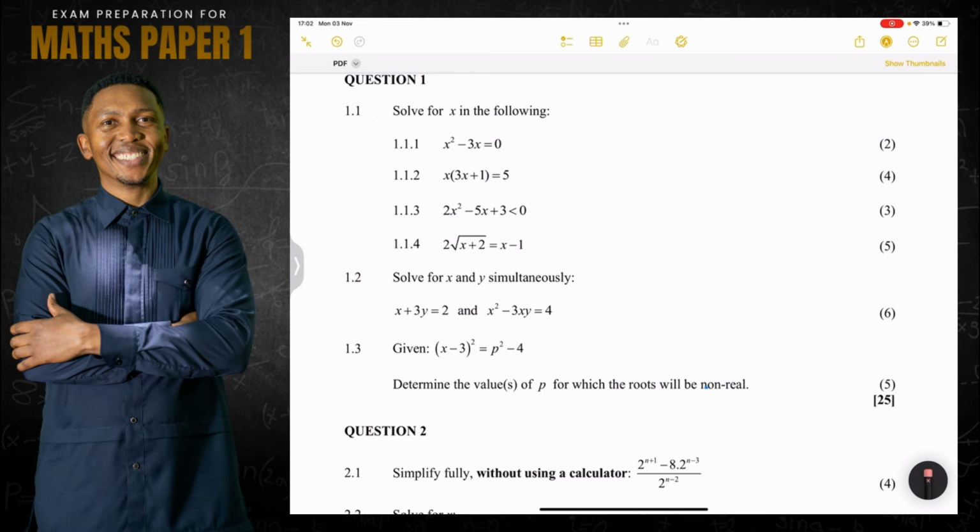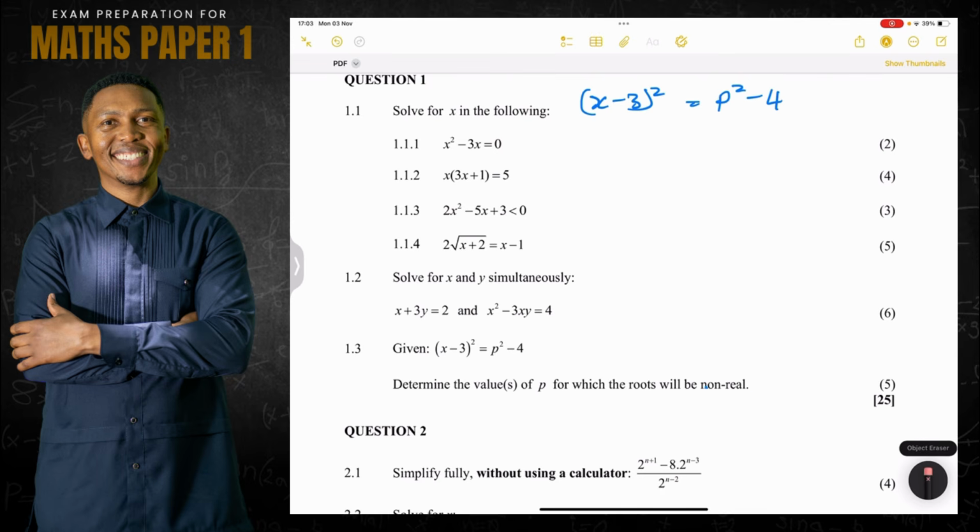In fact, it is the last one under this section. They say we've got (x − 3)² = p² − 4. Determine the values of p for which the roots will be non-real.